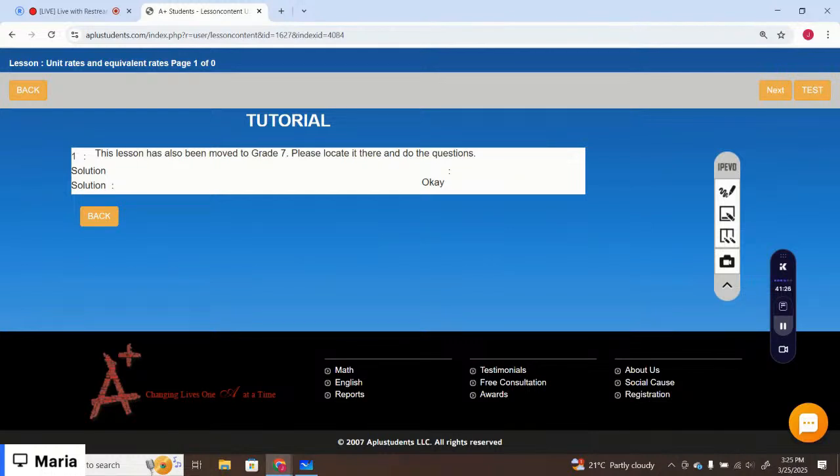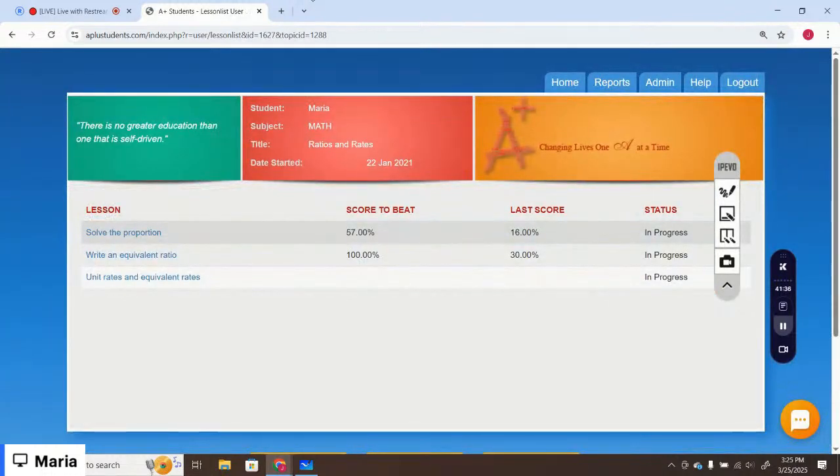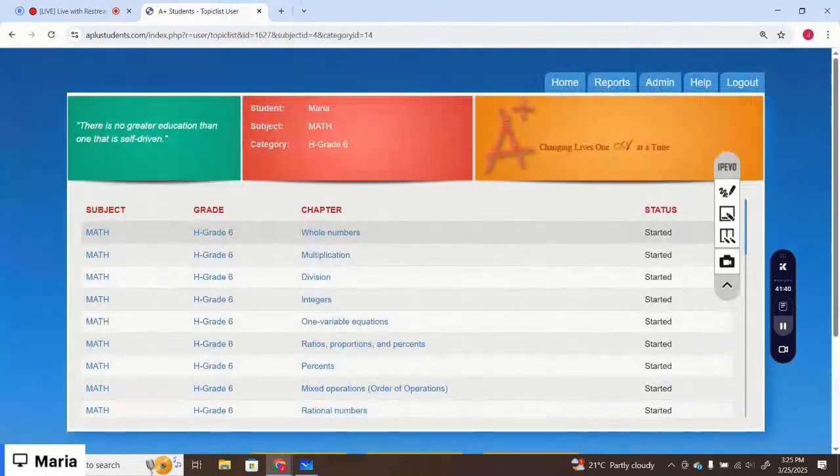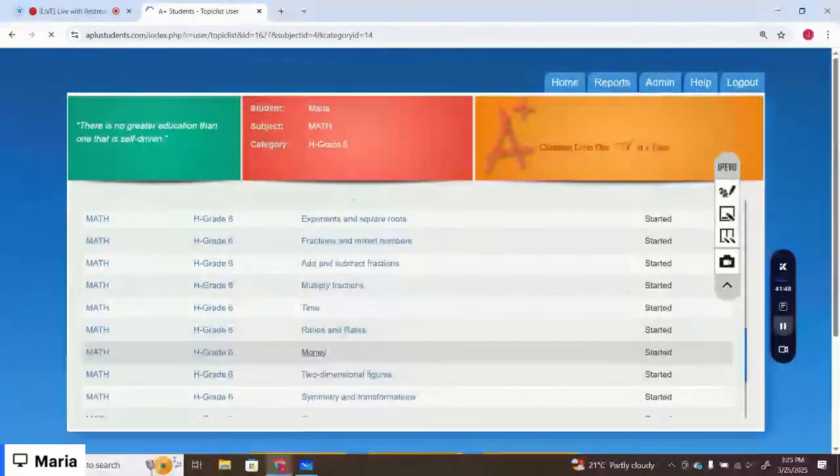Okay, the lesson has been moved to grade 7. Let's just move on to the next lesson. That is money. Let's just start with the next lesson.